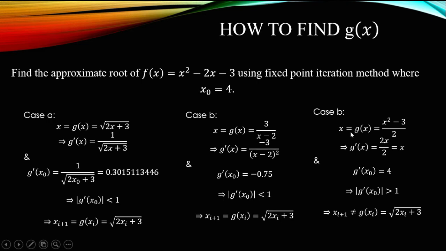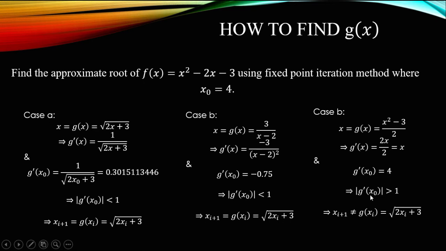In case C, if he decides on this system generating function and differentiates it, after differentiating, when he substitutes the value of x naught in the differentiated form of his suspected system generating function, he will get a value greater than one.